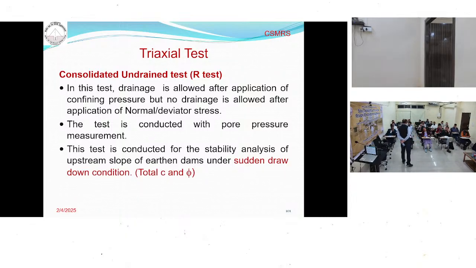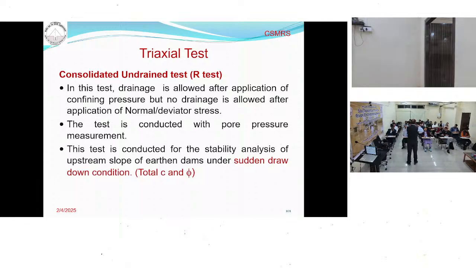Why does it happen? Normally, when a river embankment is at full level, the face that is in contact with the water becomes saturated. And if suddenly, in case of the embankment or the dam, your water level goes down, what will happen?